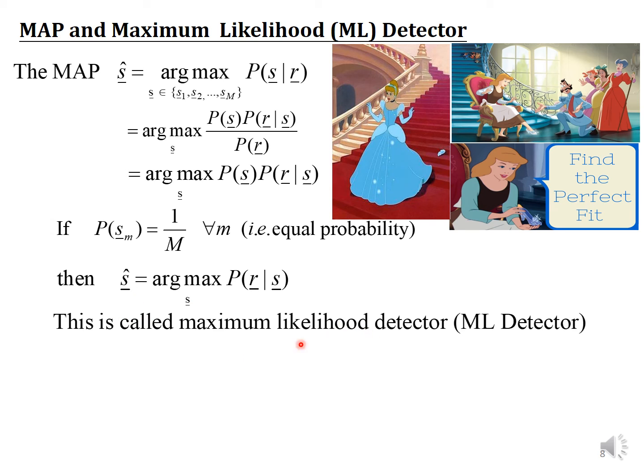This is called the maximum likelihood detection. Here, this conditional probability is called the likelihood function. That means the criterion that we use to make the decision is called the likelihood function.